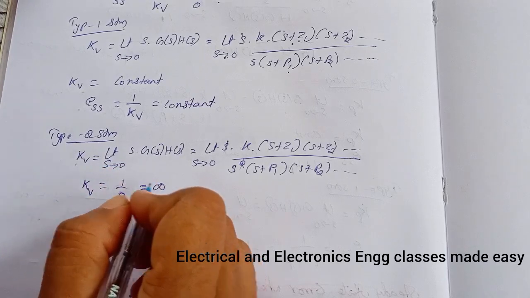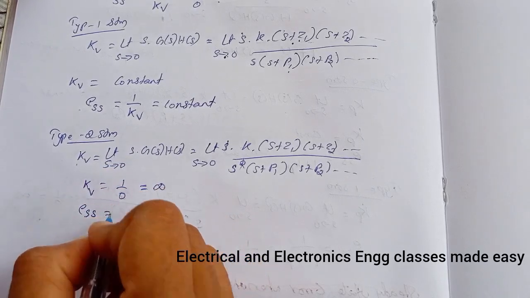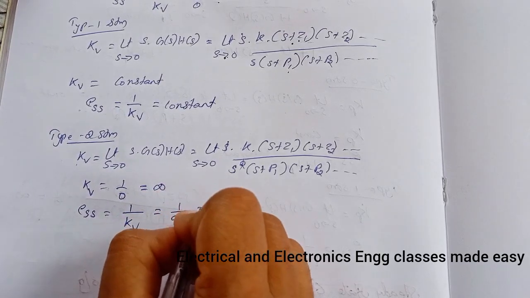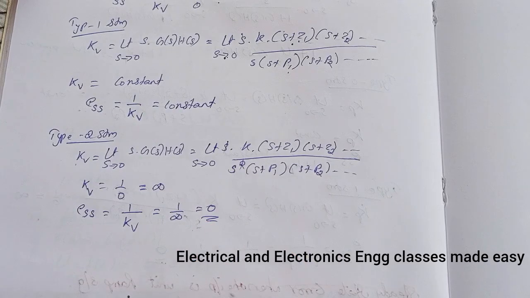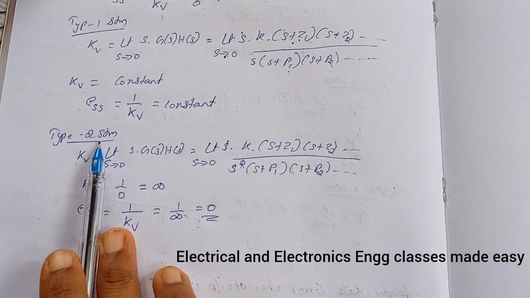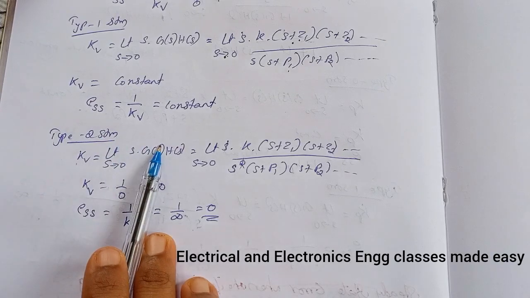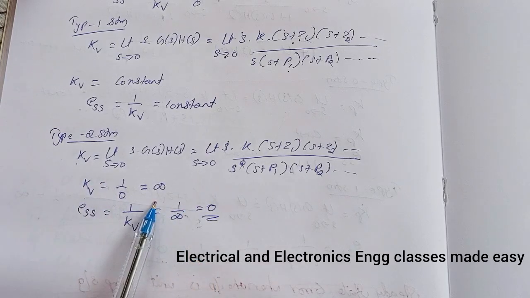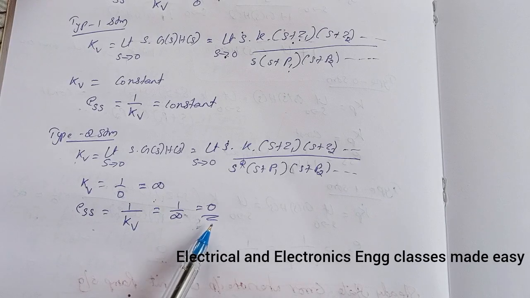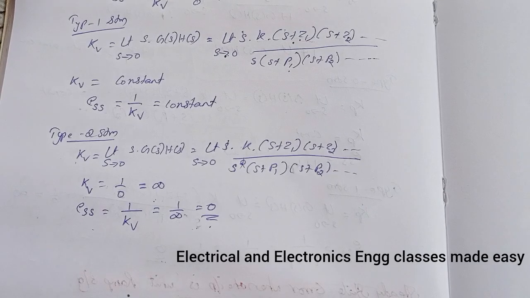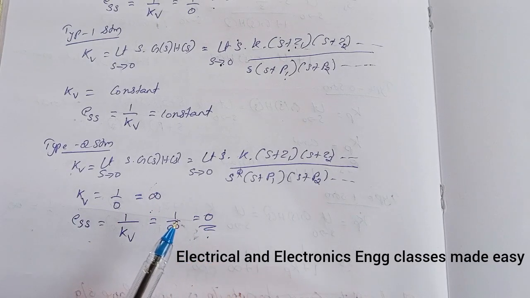So Kv is infinity, and we get the steady state error ESS equal to 1 by Kv, equal to 1 by infinity, equal to 0. So for type 2 systems or above, for a unit ramp input, the value of Kv will be infinity, and the steady state error will be 0 in the case of a unit ramp signal.